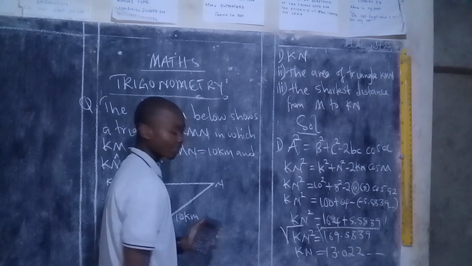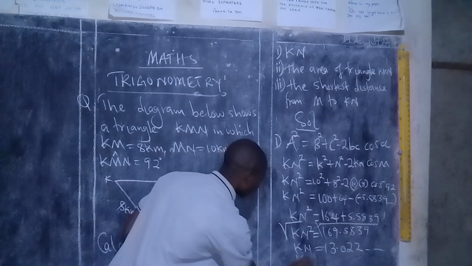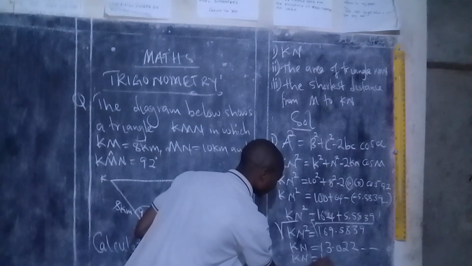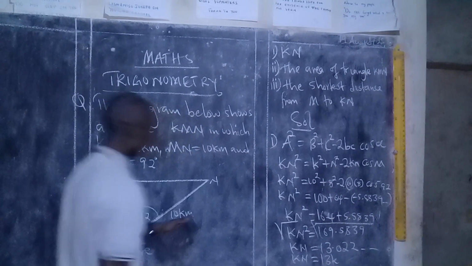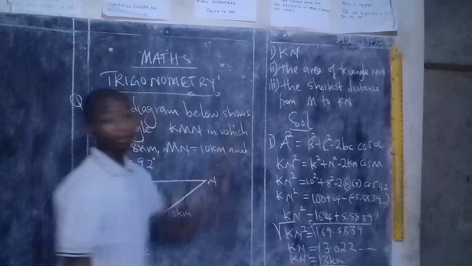We can round off our answer either to 1 decimal place or 2 decimal places. So KN is equal to, if you round this off, 13 kilometers. That's according to what it is here. So this is the final answer for the first one.